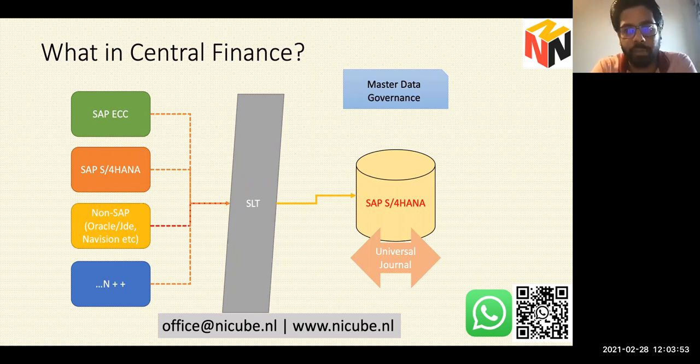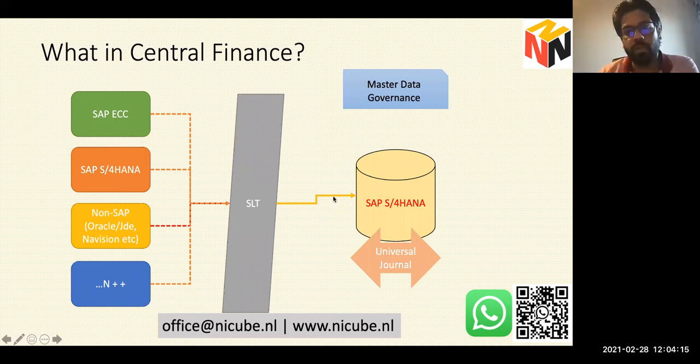Now your data is replicated to S4, but now you want to use that data. So central payment is the first step which you activate on S4, and you centralize all your payments. Rather than making payments from ECC or S4 or non-SAP, you make payment from one system. So you centralize your payment operations. That's where central payment takes part.